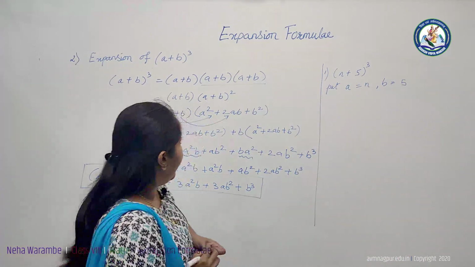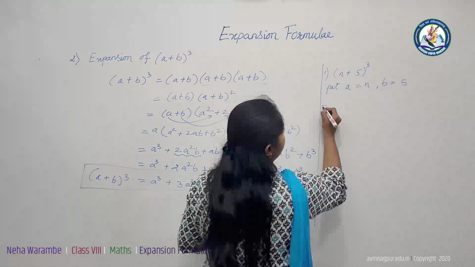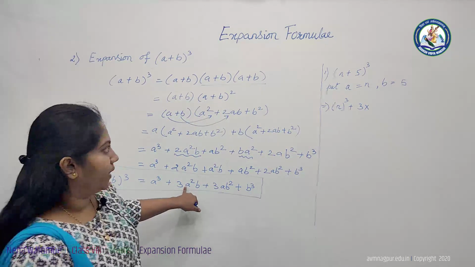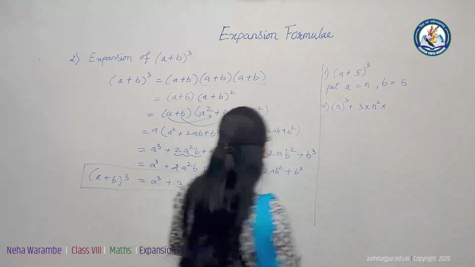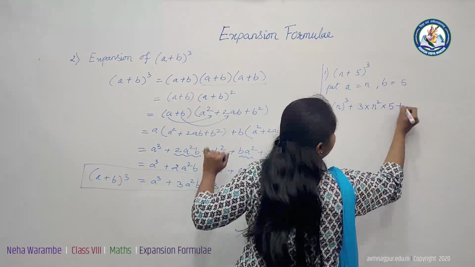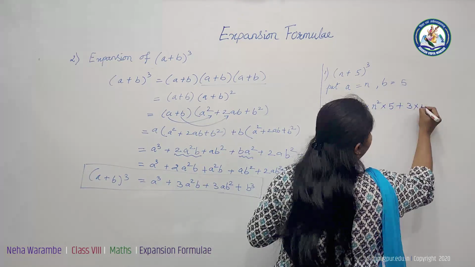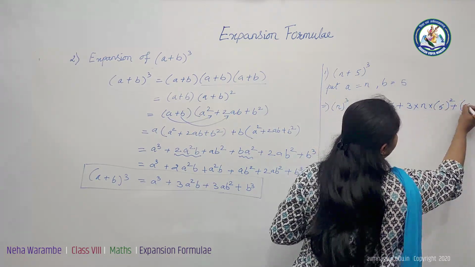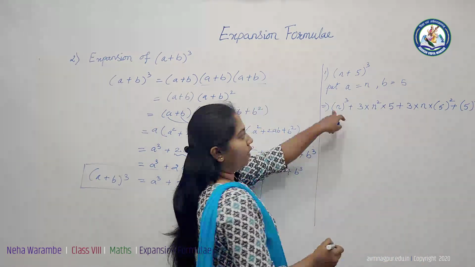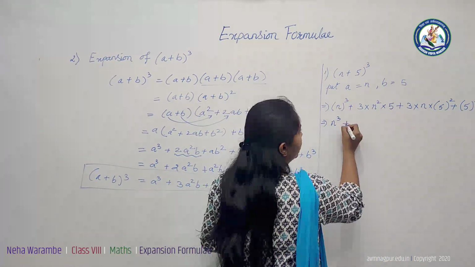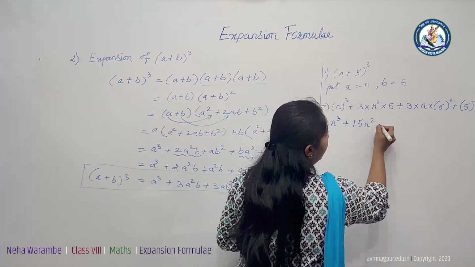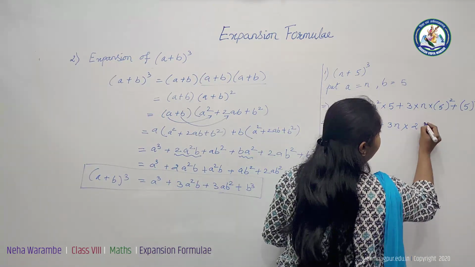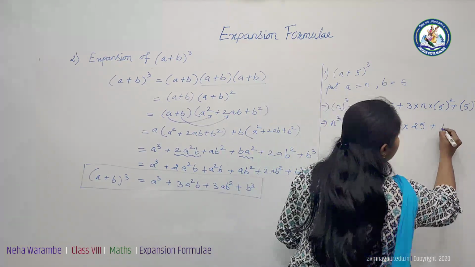Now a cube means first term cube, that is n^3, plus 3 into first term square, that is n^2, into the second term 5, plus 3 into n into 5^2, plus 5^3. Now cube of n is n^3, plus 3 fives are 15n^2, plus 3n into square of 5 which is 25, plus cube of 5 which is 125.